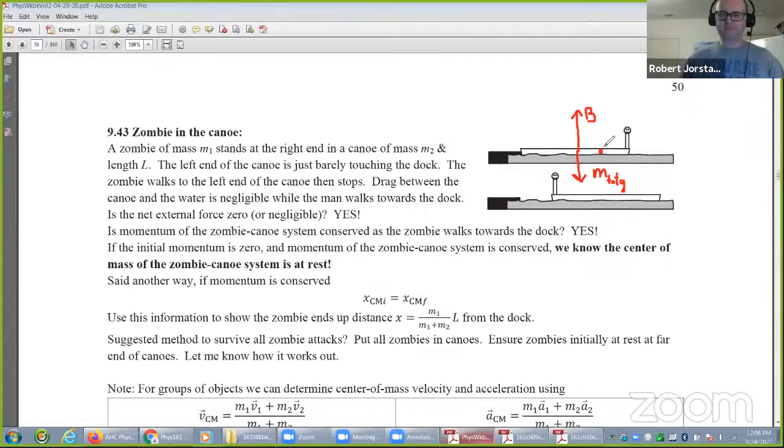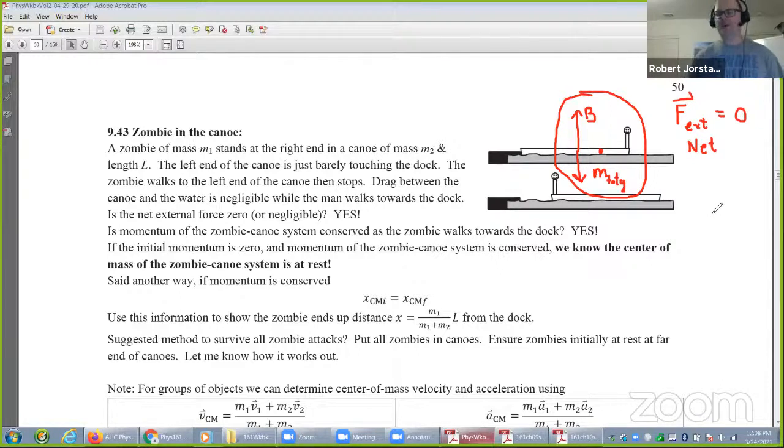All right. But in general, that's showing us we have no net external force. So the net external force is equal to 0, and I'm going to put a vector on that.